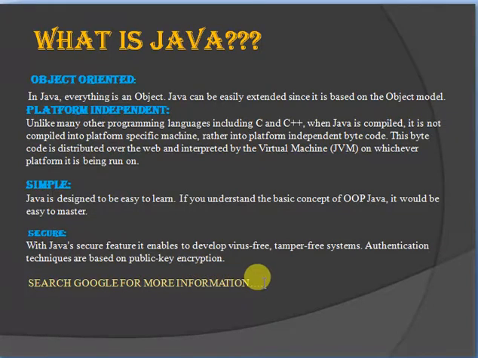And Java is also error free. What I mean by error free is that Java allows you to create your own errors. For example, you want the user to enter an integer, only an integer value. What's an integer value?